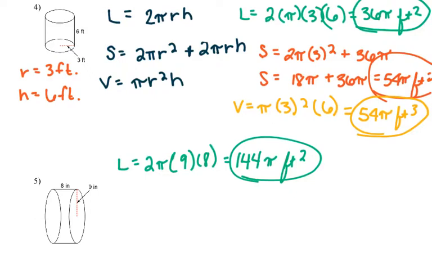For our total surface area, we've got 2 pi times our radius, 9 squared, plus that lateral area, which we already figured out was 144 pi.